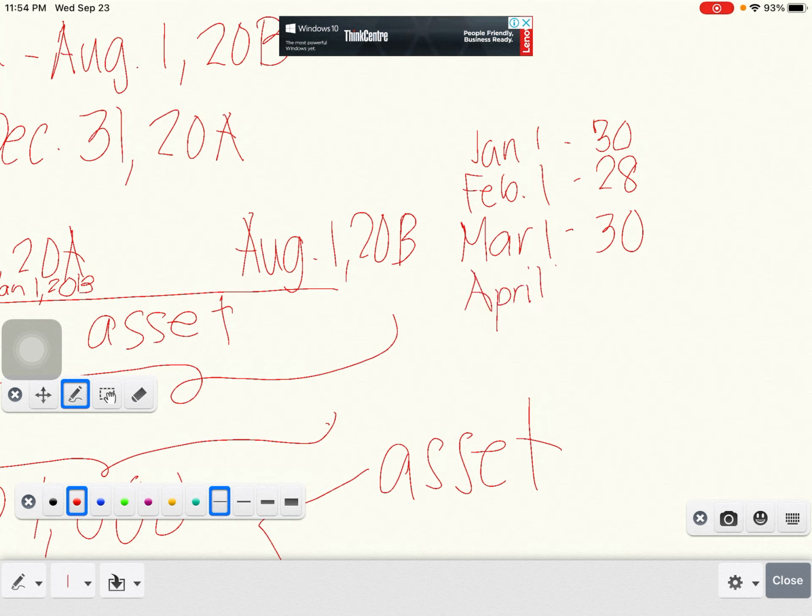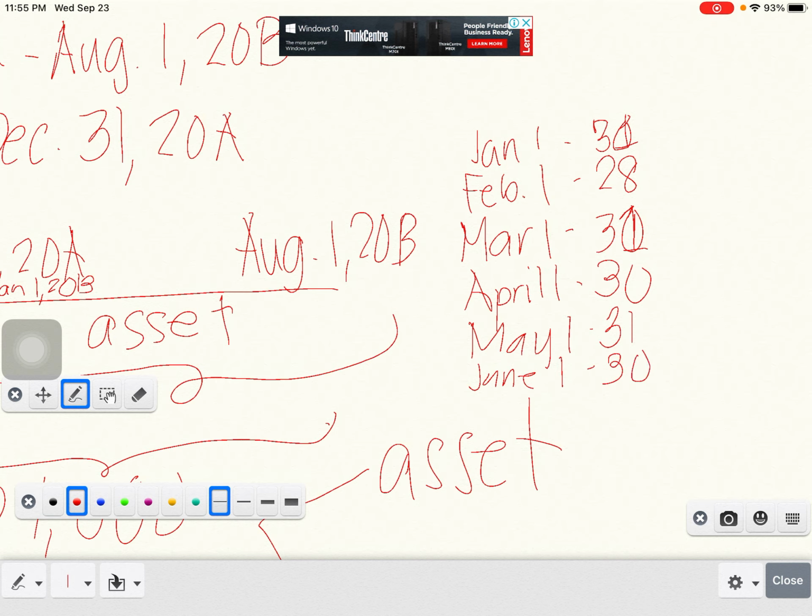April 1 to April 30, May, June, July, then August 1.